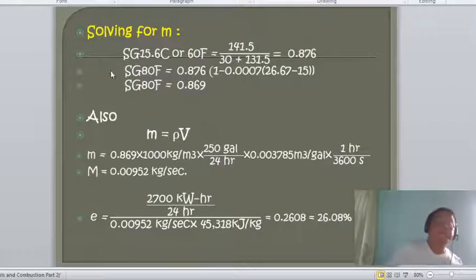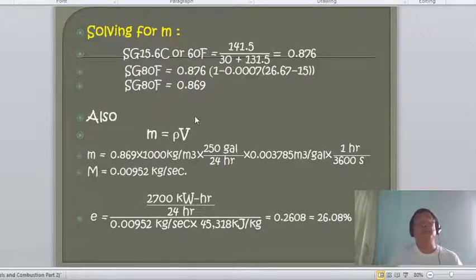0.869. From the definition that density equals mass over volume, getting the mass, that is equal to 0.869 multiplied by 1,000 kilogram per cubic meter. The consumed volume is 250 per 24 hours.